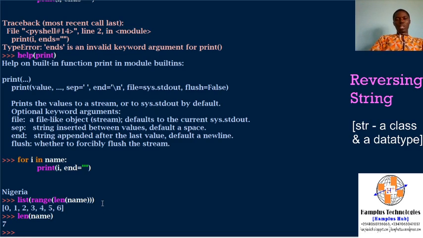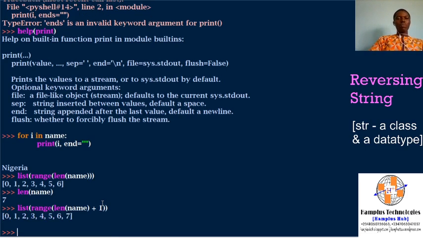So it will not include the last number. For us to do that, we can first include the last length in the range. We can do something like this: the length of this plus 1. You see, it gives us the range from 0 to 7.